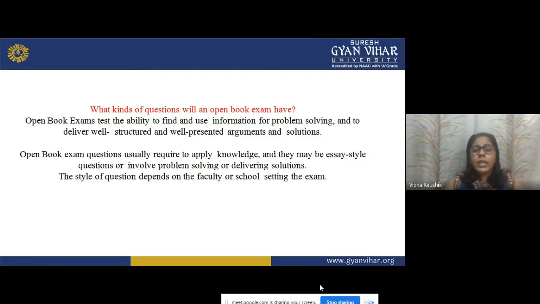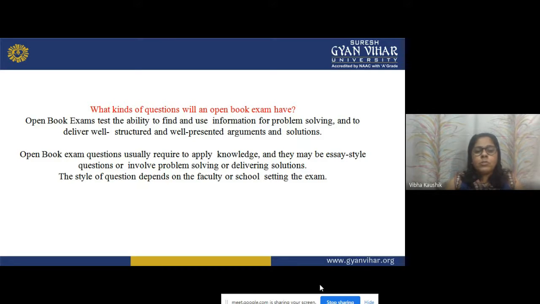Means a question will be there and you have to find out the information related to that, and use that information for problem solving, and to deliver a well structured and well presented argument and solution. Means you have to give your answers in a proper manner, in well structured and well presented arguments, and these are the solutions related to that problem.